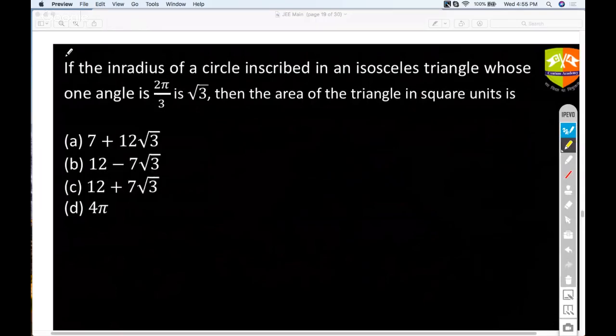That's question number 19 for the day. If the inradius of a circle inscribed in an isosceles triangle whose one angle is 2 pi by 3 is root 3, then the area of the triangle is.